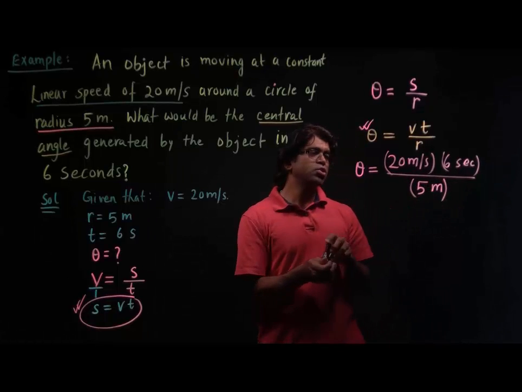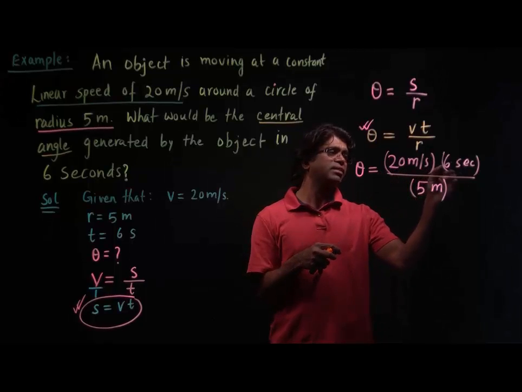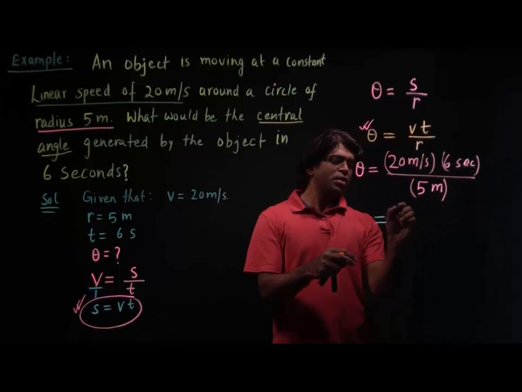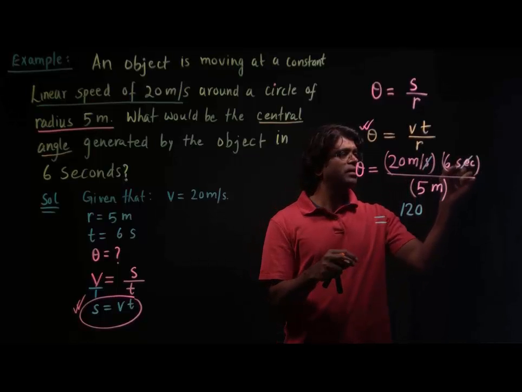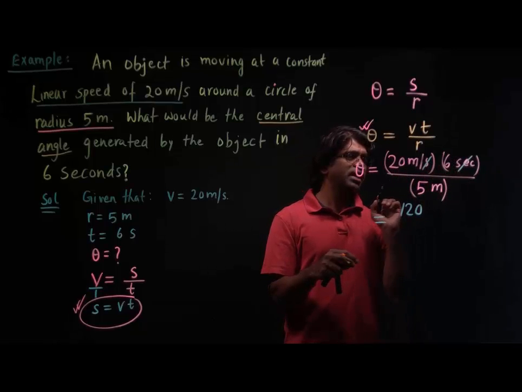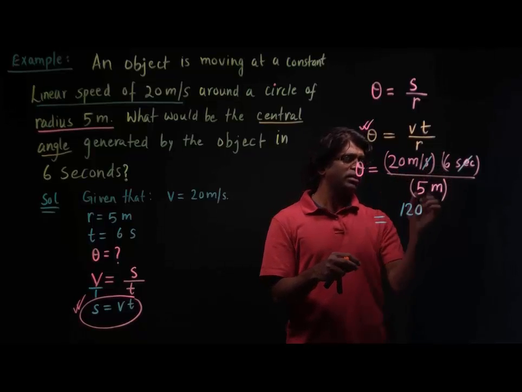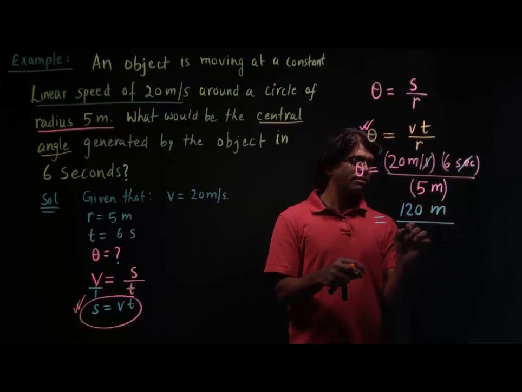Let's simplify. At the numerator we have 20 meters per second times 6 seconds. 20 times 6 is 120. Look at the units: the second cancels out, because one is meters per second and the other is just seconds. So only 20 times 6 is left, which is 120 meters over 5 meters.